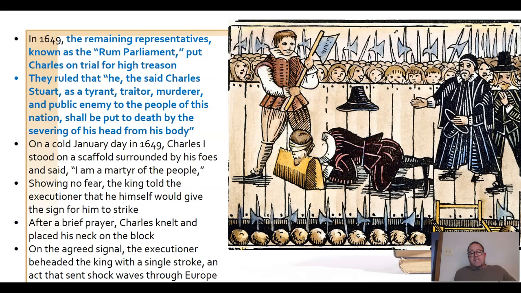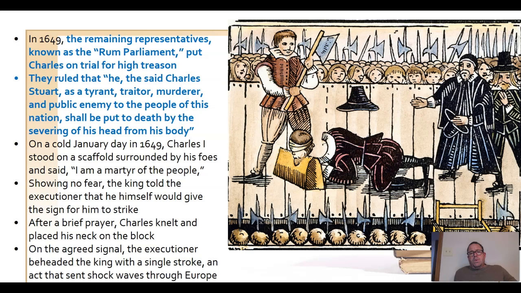And so in 1649, England executes its first king. This is a big deal. This has repercussions across Europe, and everyone is watching what happens.